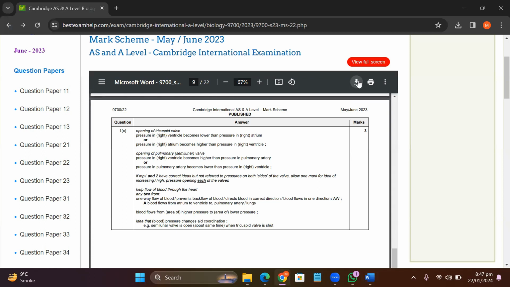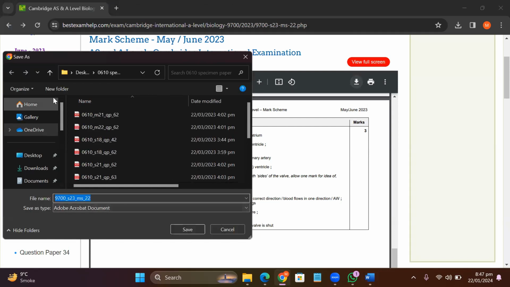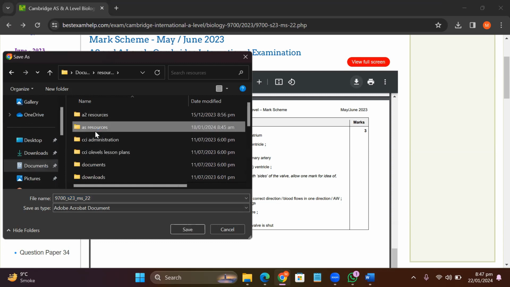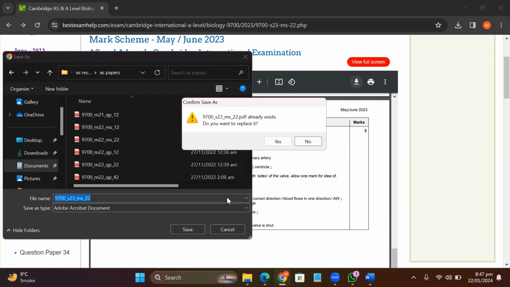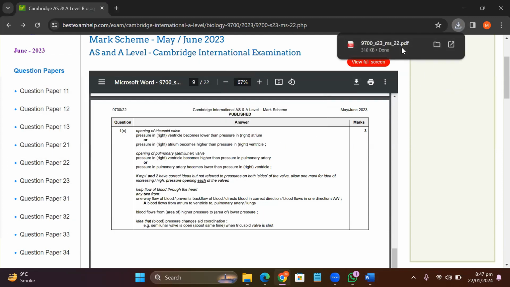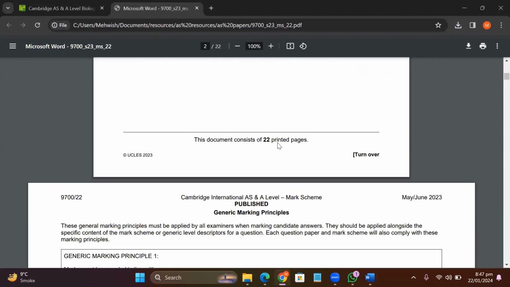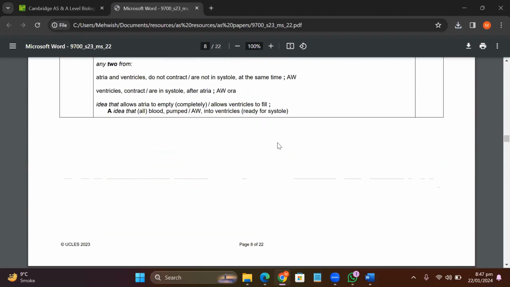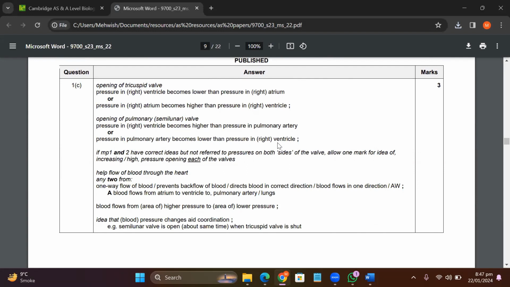Wait, इसको डाउनलोड ही ना करूं. जी, how the opening of the tricuspid valve is taking place.